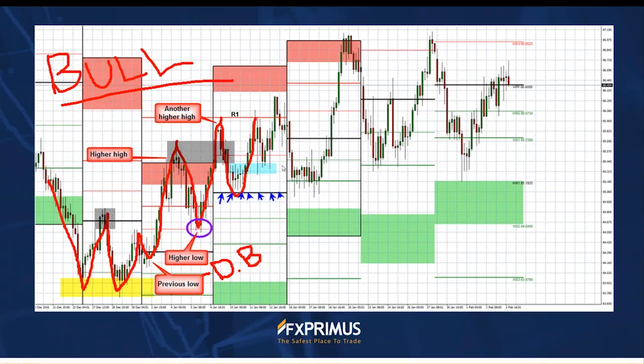So price has gone up to that R1. Hit the R1, we didn't take profit. It's come back down. Where do we want to buy again? That light blue shaded area. Because that's role reversal. You've got resistance, which then becomes support. We spoke about role reversal in the webinar as well.